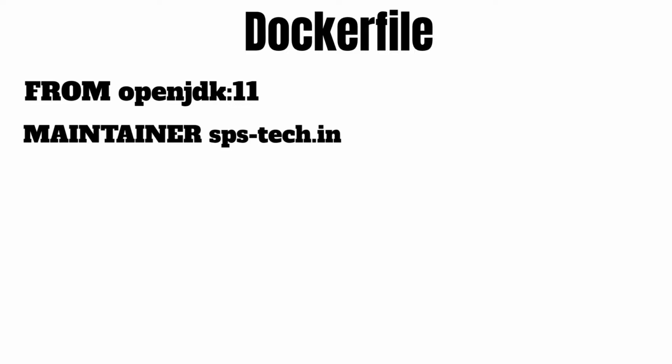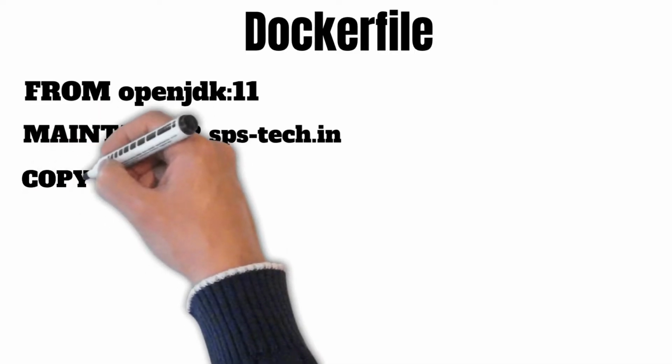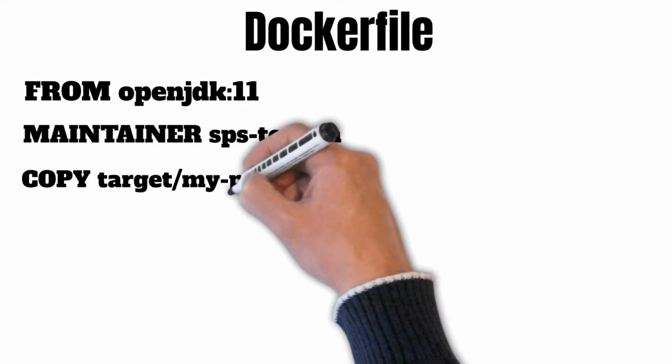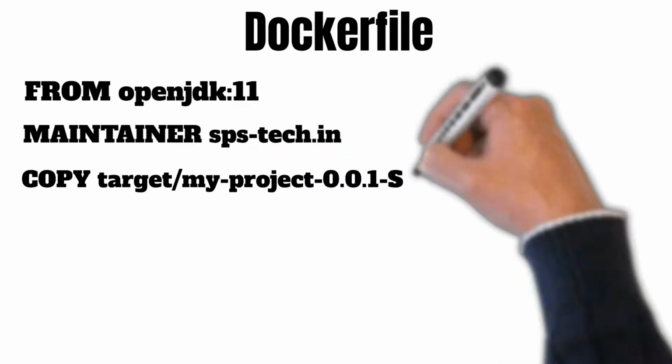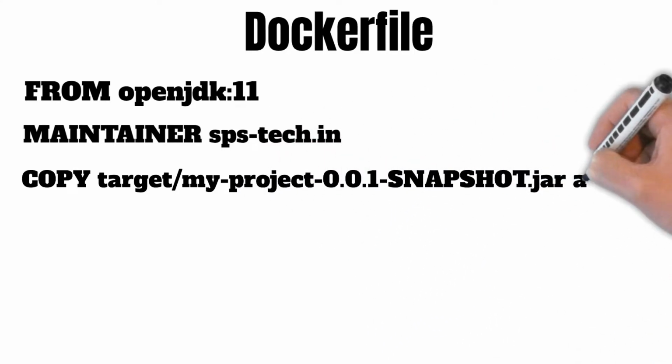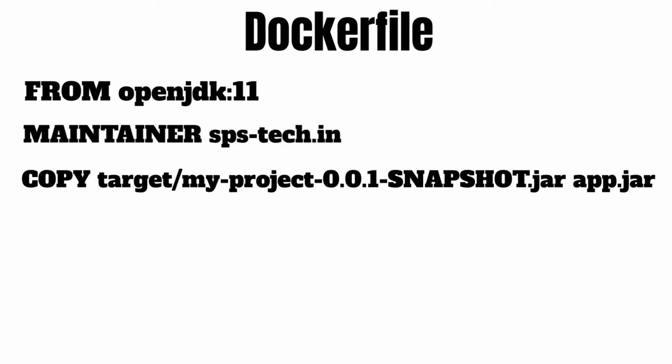In the next instruction, we'll be creating a new layer by copying the generated jar file from the target folder of the build context into the root folder of our container with the name app.jar. So myproject-0.0.1-SNAPSHOT.jar was our generated jar, and we have copied it into the root folder of our container with the name app.jar.